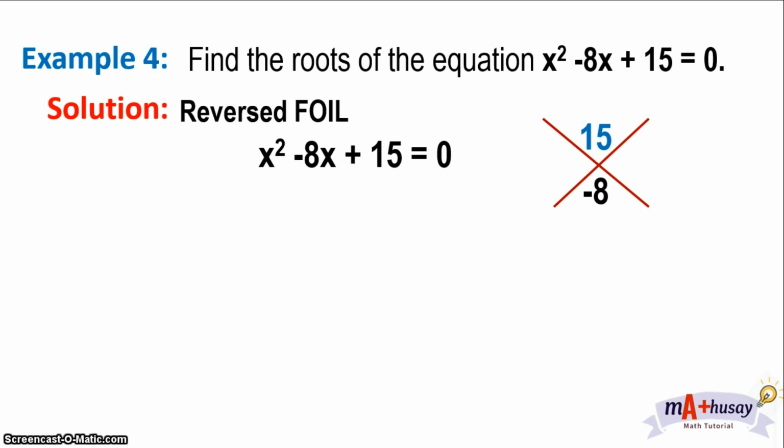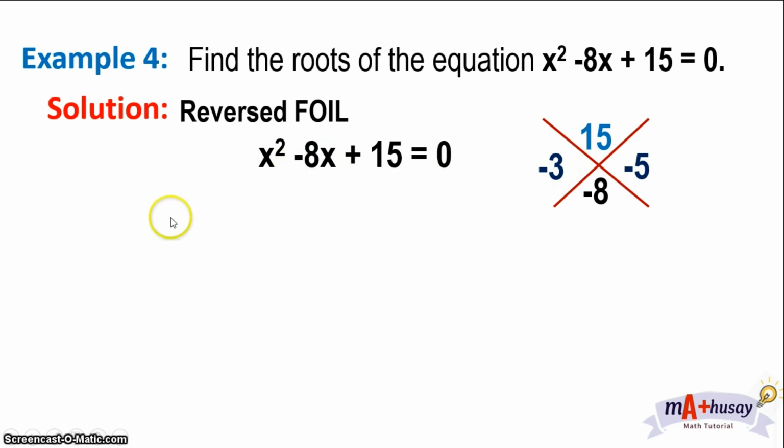We know that we can have 5 and 3. Now, since 8 is negative, both should be negative: negative 3 and negative 5. Now that we know the factors of 15, we double check with the middle term: negative 3 and negative 5 combined is negative 8.